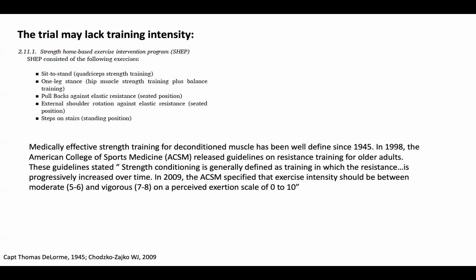So 83% of the participants at baseline already engaged in moderate to high physical activity, and I consider that this exercise program may not be intensive enough for this population.